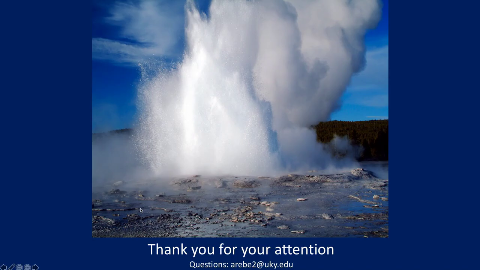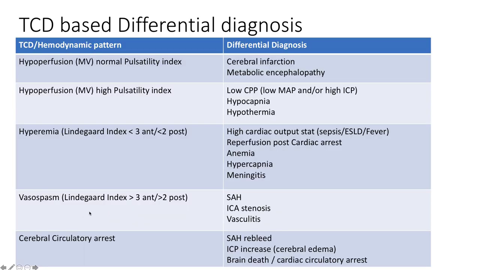What you most commonly see is vasospasm, what you see in the neuro ICU after subarachnoid hemorrhage, or ICA stenosis. Or if you have a patient whom you work up for brain death diagnosis, this is the pattern you would see based on your TCD, meaning a low flow state with a low pulsatility index.